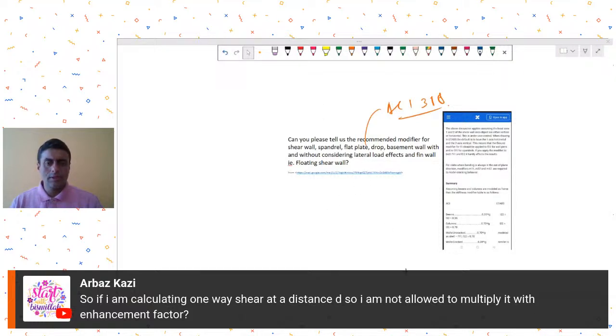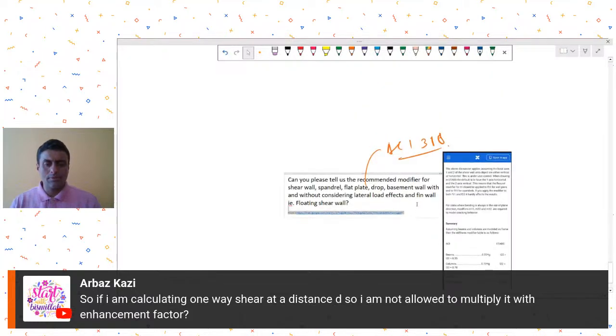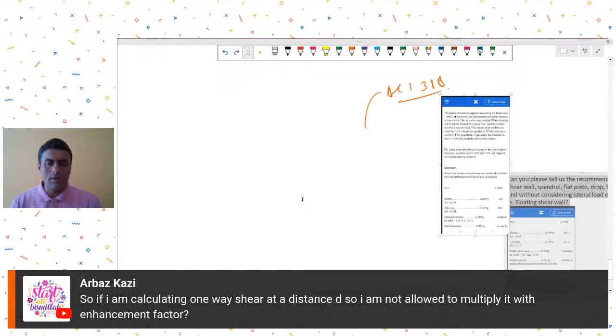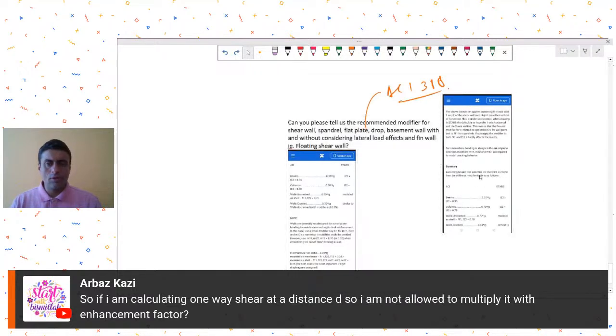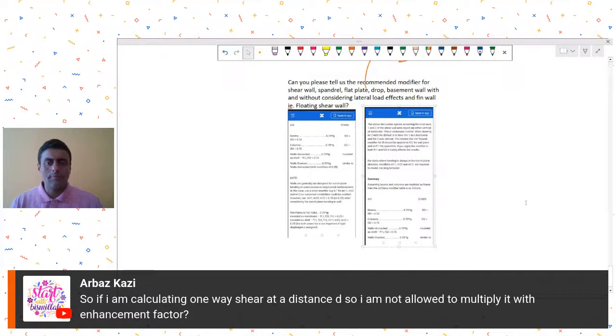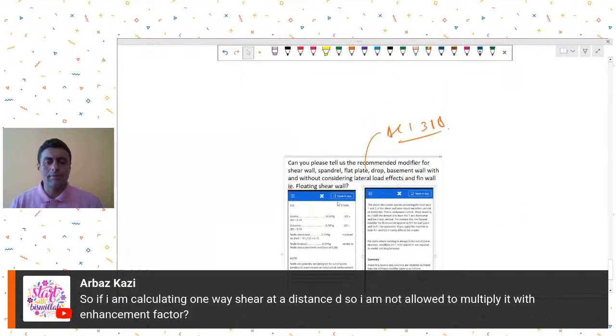So yeah, you just follow or refer to ACI codes. Numeric values, I am not able to recall, but you may follow ACI 318 for it, or you may follow IS 16700 if you are doing some Indian project on Indian codes. So IS 16700 does not give you separate modifiers for spandrel. For flat plate, you may use the same modifier that you have been given for slabs.